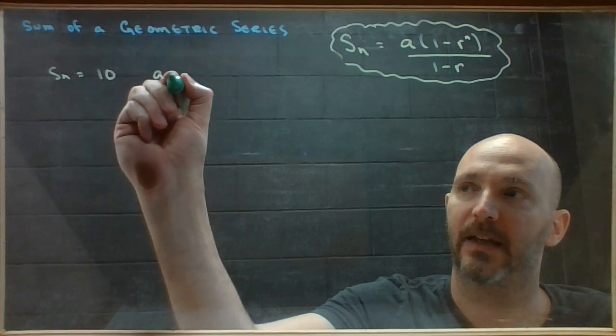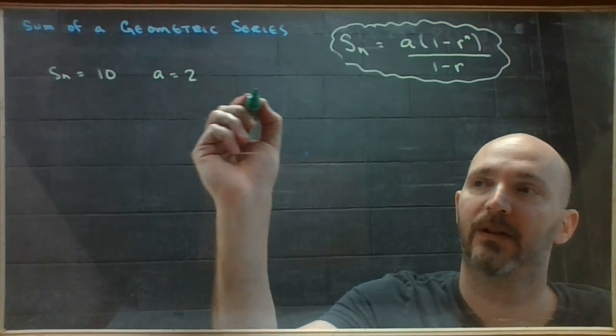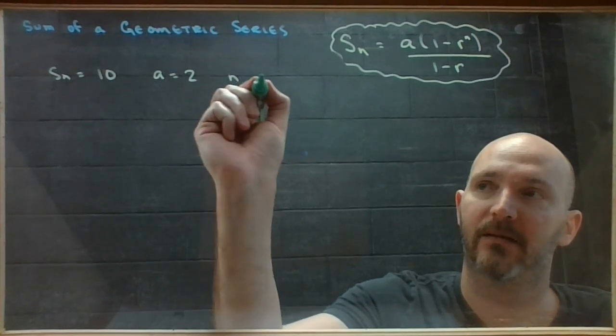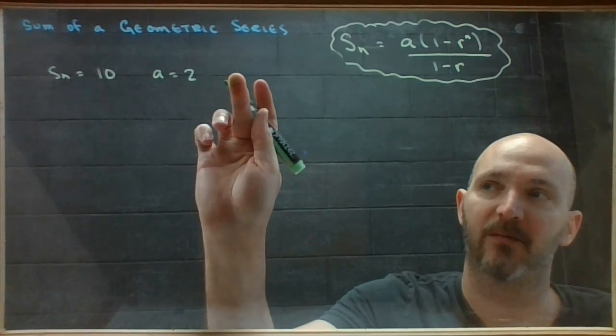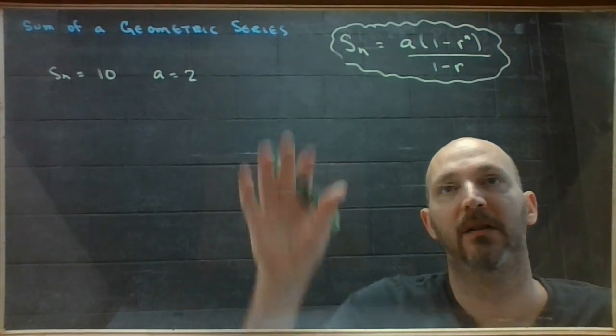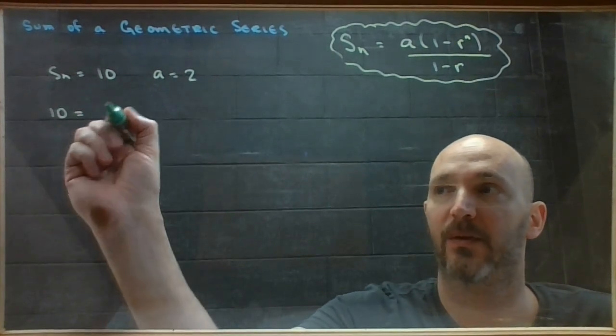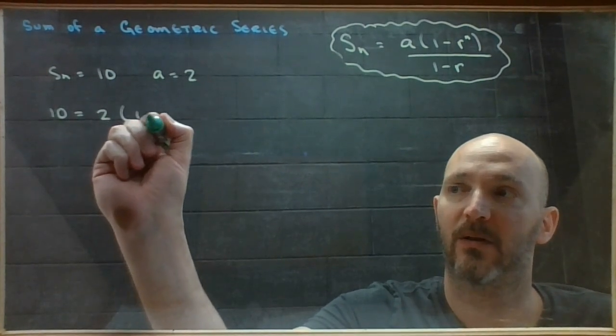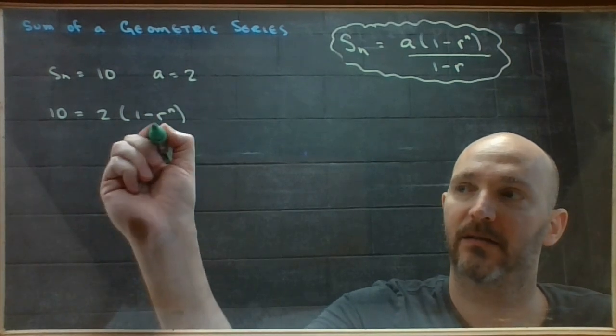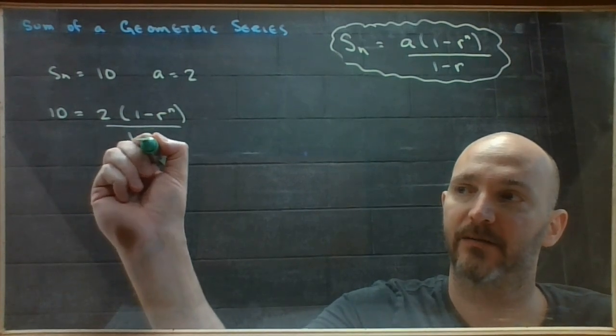I'm going to let A equal 2. And I'm going to let N be N. So if I fill that in here, I'd end up with 10 equals 2, 1 minus R to the N over 1 minus R.